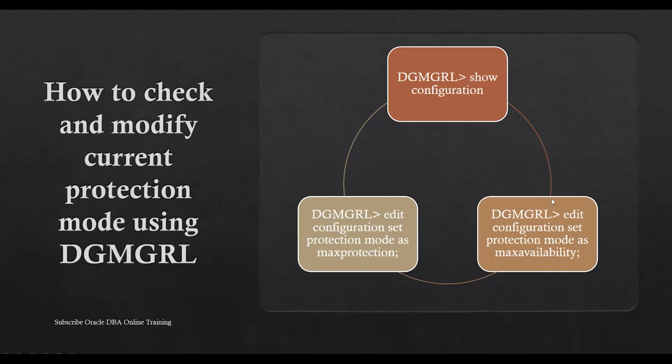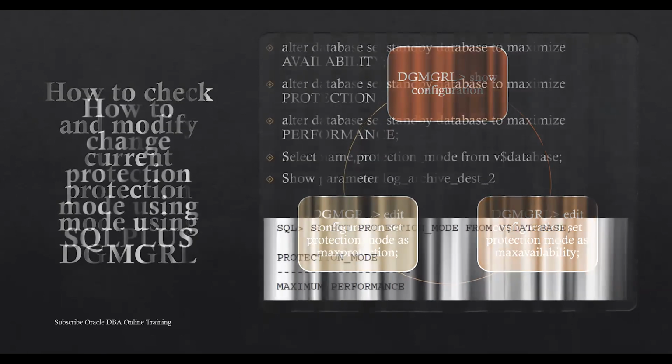Based upon your configuration, you can modify it. And if you want to know more about these things, you can refer to my previous video about DGMGRL. You can get every detail about it. I provided the link in the description, so you can refer to that.